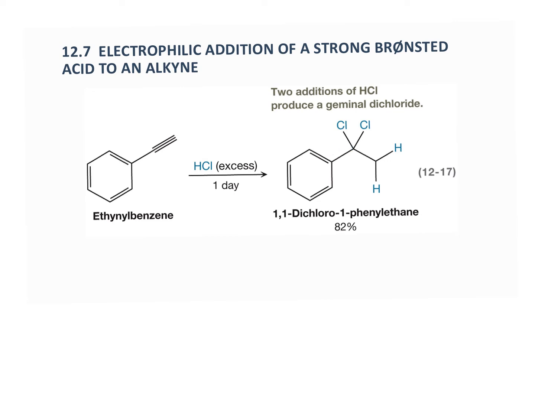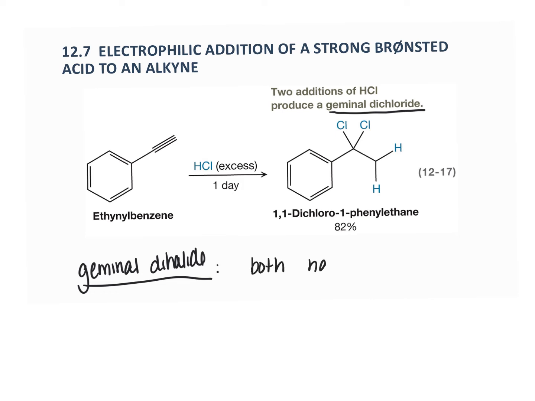And in a geminal dihalide, when we talk about that, this is a geminal dichloride, but a geminal dihalide has both halogen atoms on the same carbon.